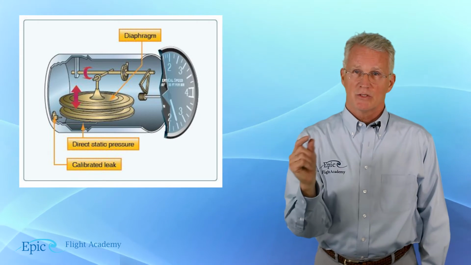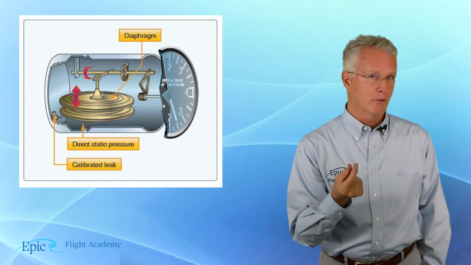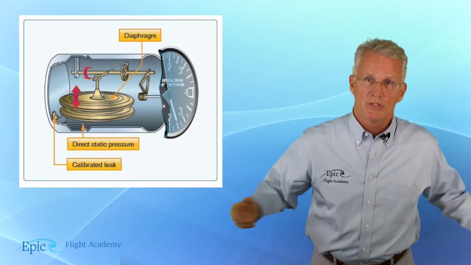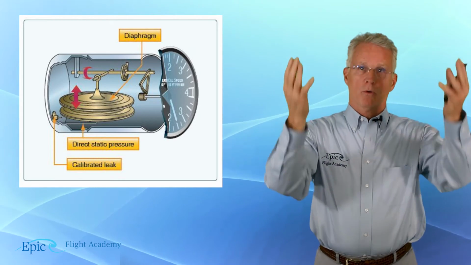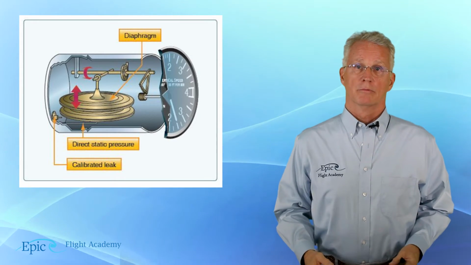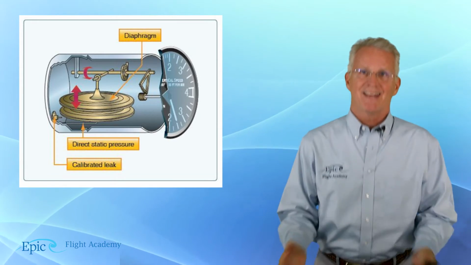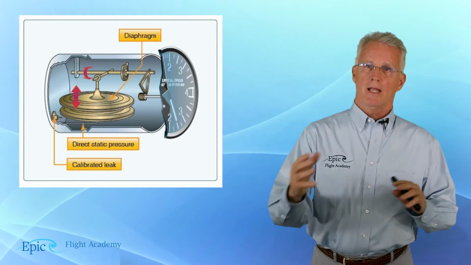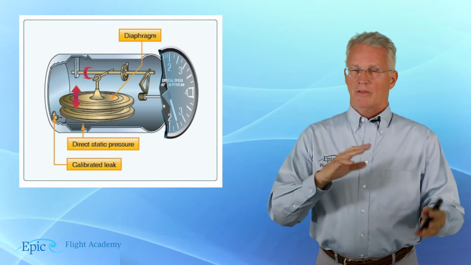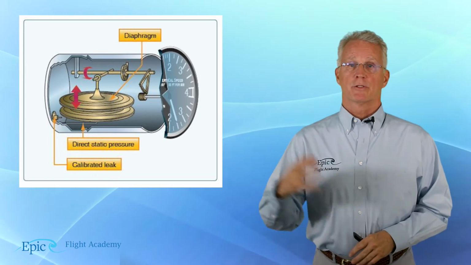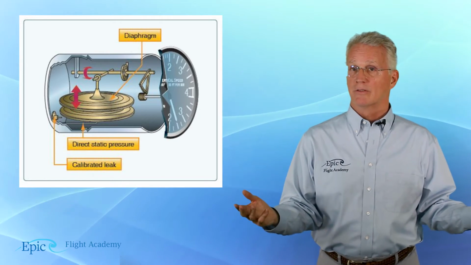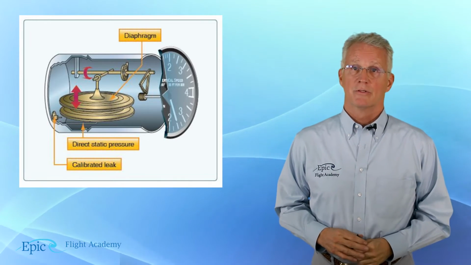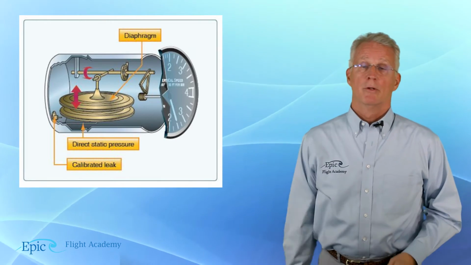That case is vented through what we call a little calibrated leak. What that means is, as this instrument moves up or down in the atmosphere, that static air comes directly into the diaphragm, and there's a little delay between the equalization of the pressure in the diaphragm and the case, and that difference is my vertical speed, either up or down.